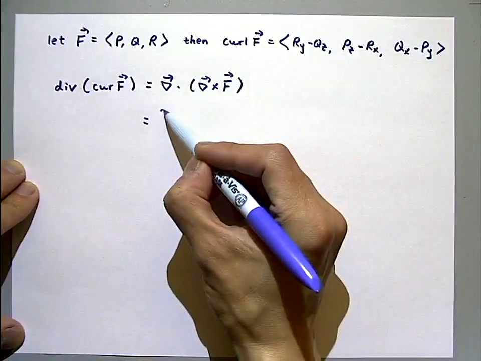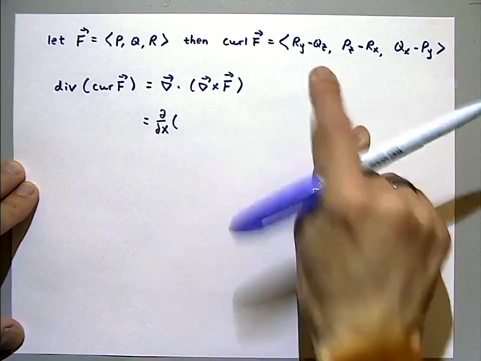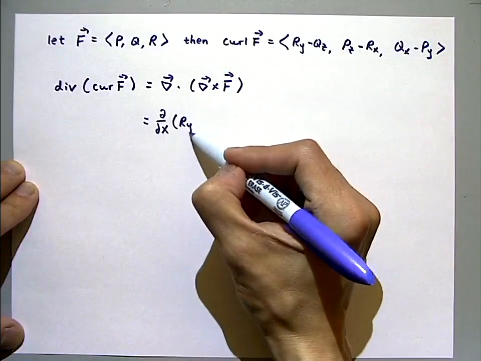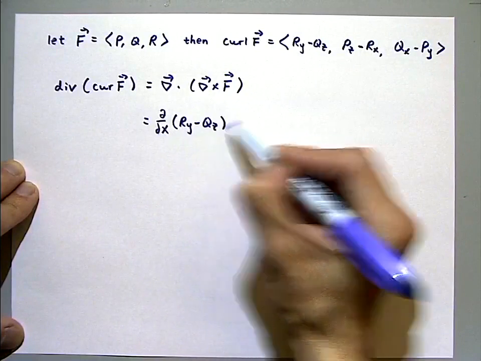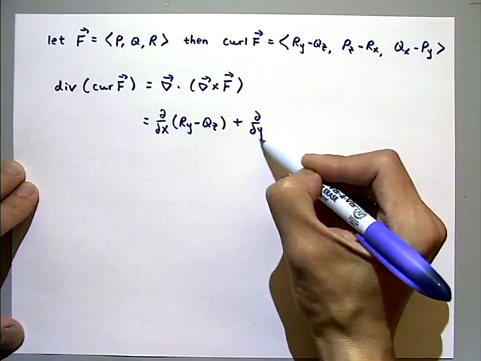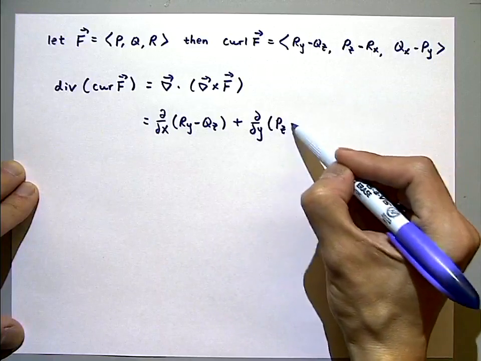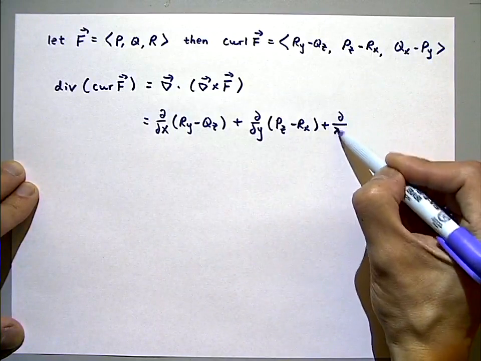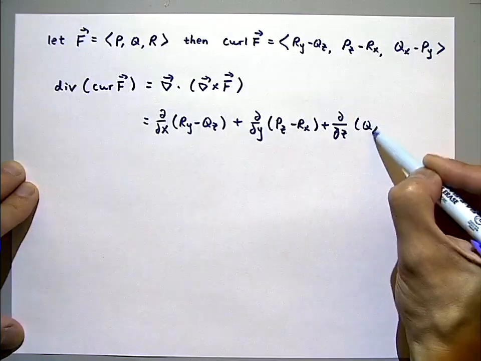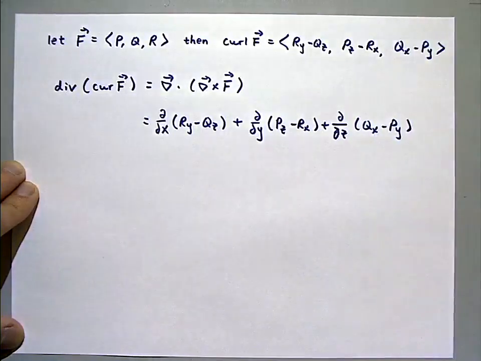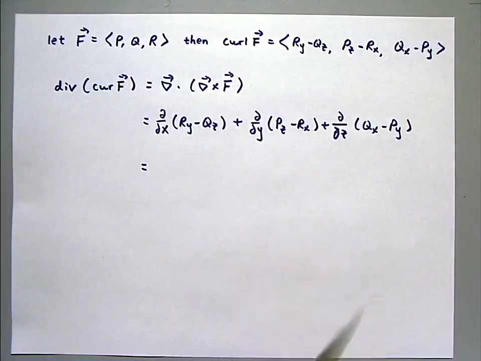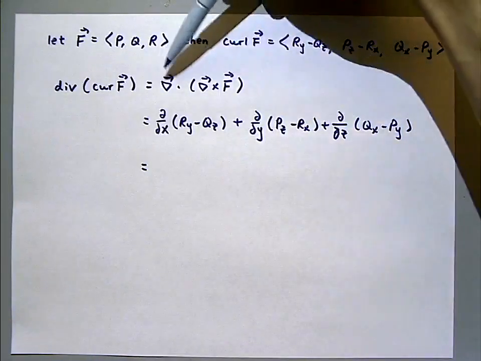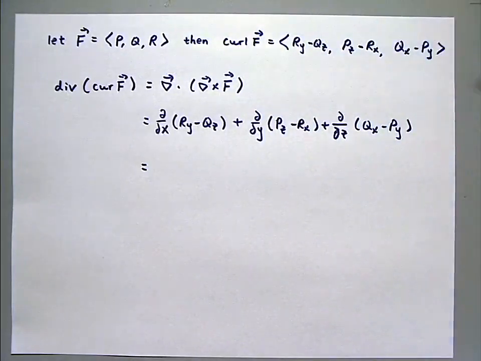So that means we're going to get the partial with respect to x of the i component, plus the partial with respect to y of the j component, plus the partial with respect to z of the k component, just the standard divergence, del dotted with that.